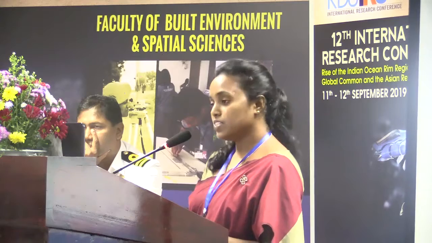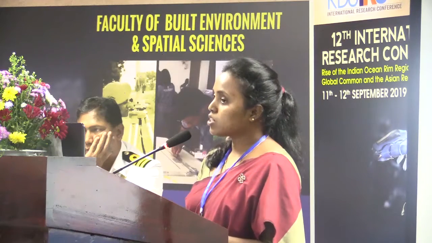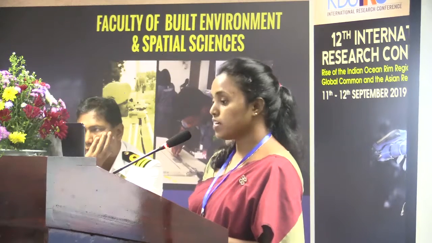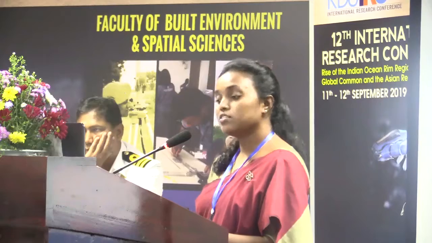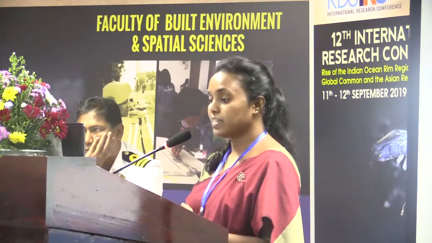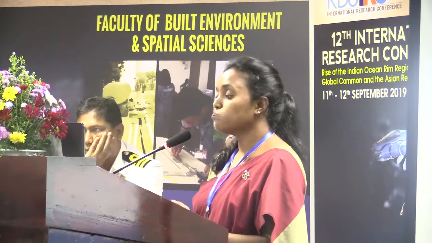Not only for vegetation, it is very sensitive for environment-related issues. So when we talk about something related to the environment, we can directly use NDVI. And here is the equation: near infrared minus red divided by near infrared plus red. This NDVI value ranges from -1 to +1.